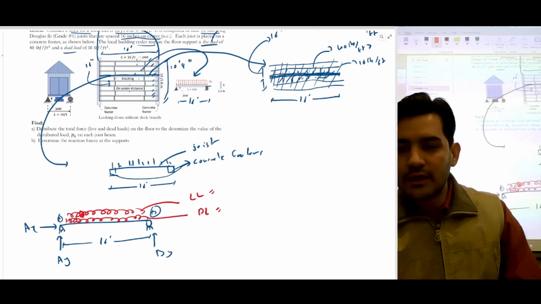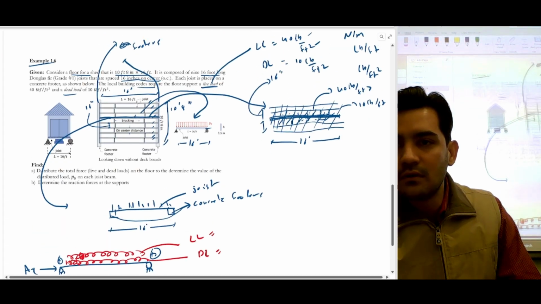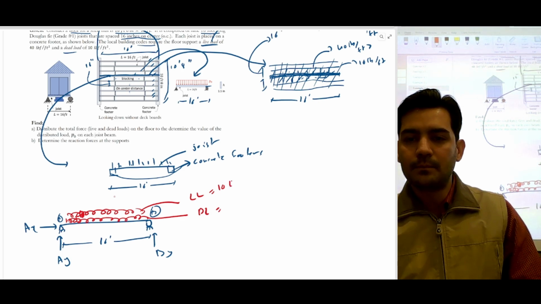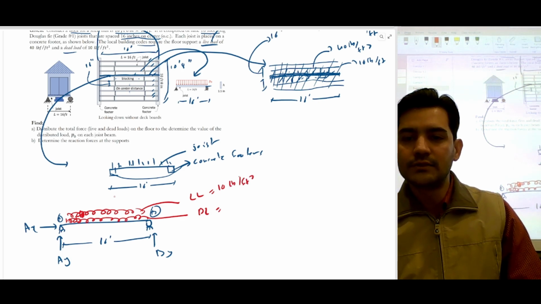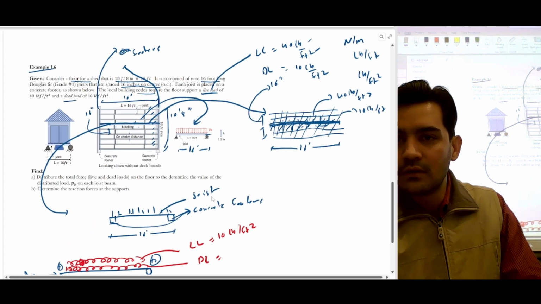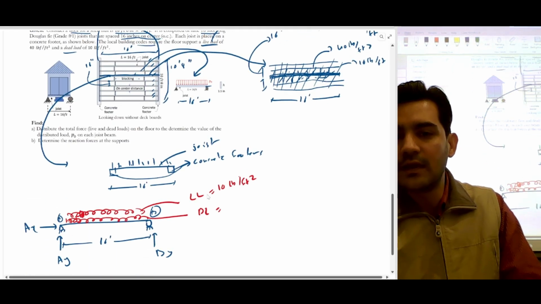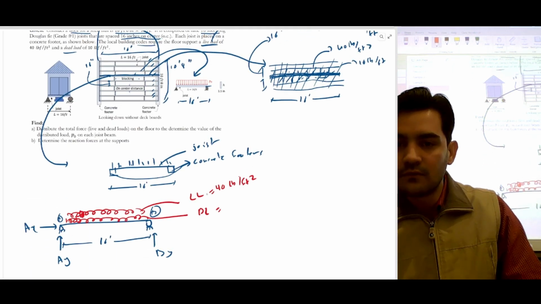The dead load is given as 10 pound per feet square and the live load is given as 40 pound per feet square.